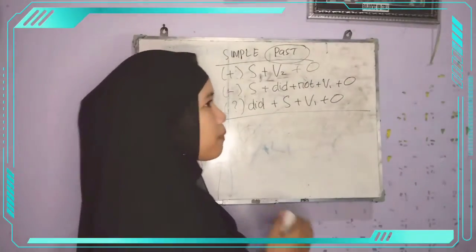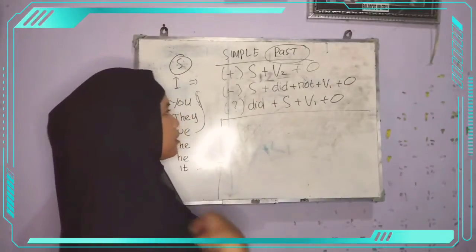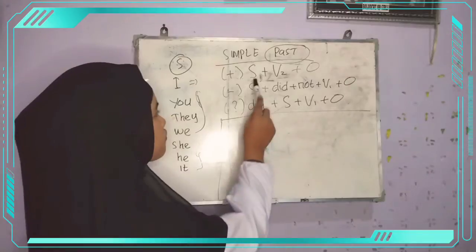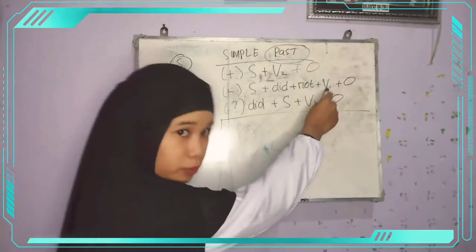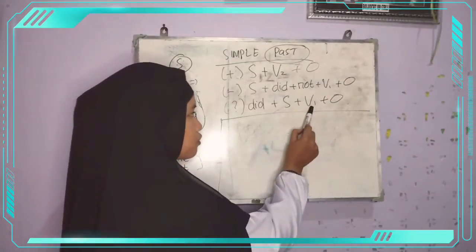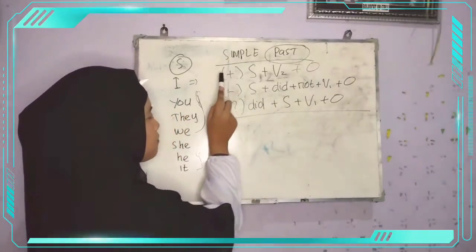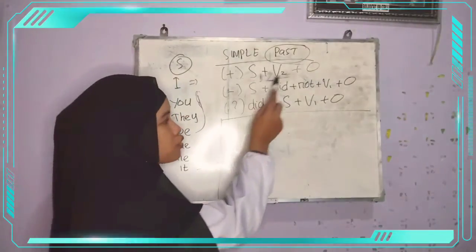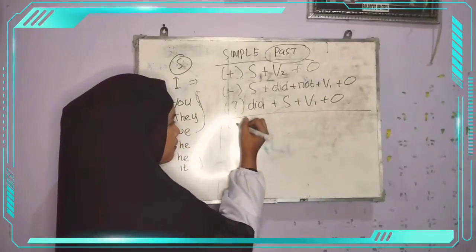You will be confused because after did you put verb 1, and in the interrogative you use verb 1. Only in the positive pattern you use verb 2. Okay, we are going to the example.